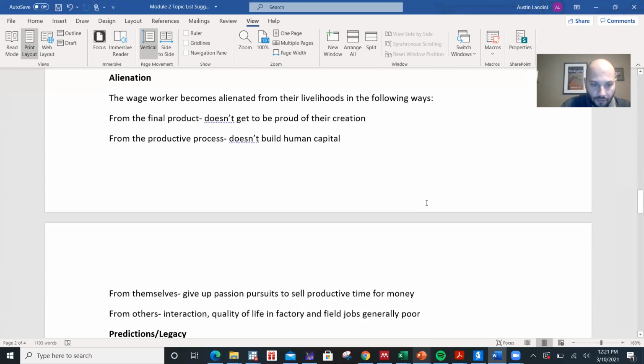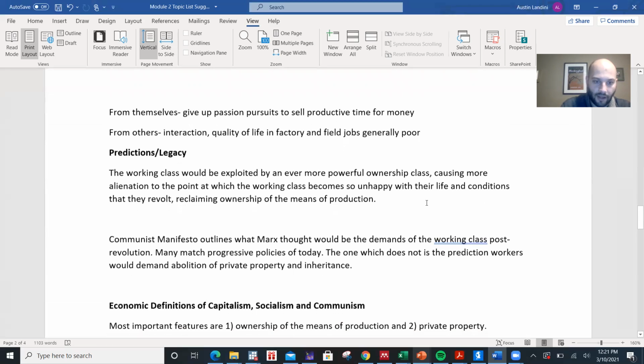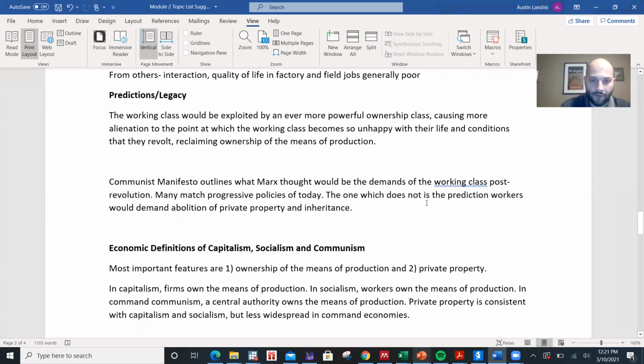So Marx believes ultimately that the working class is going to be exploited by an ever more powerful ownership class, causing more and more alienation to the point at which the working class becomes so unhappy with their life and conditions that they revolt, reclaiming ownership of the means of production.